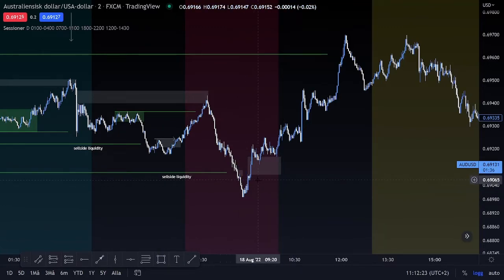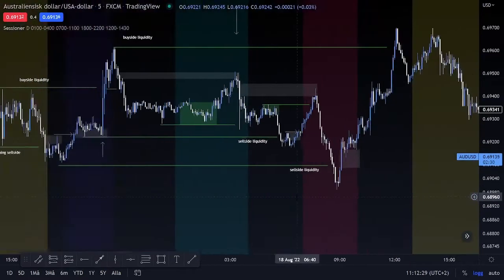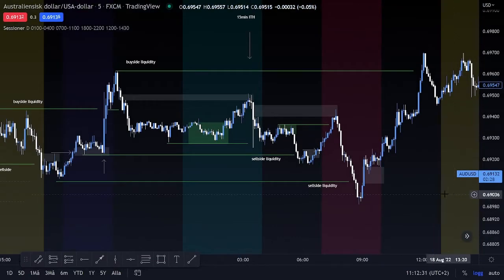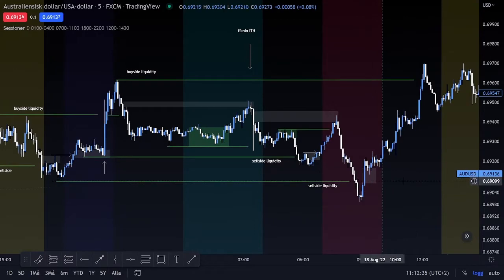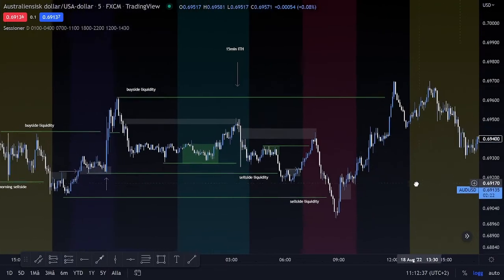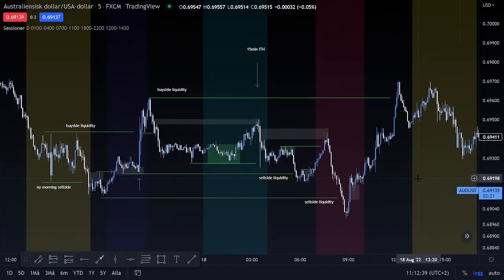So we have a market structure shift here on the 2-minute, but we can use the 5-minute imbalance here to get an entry.